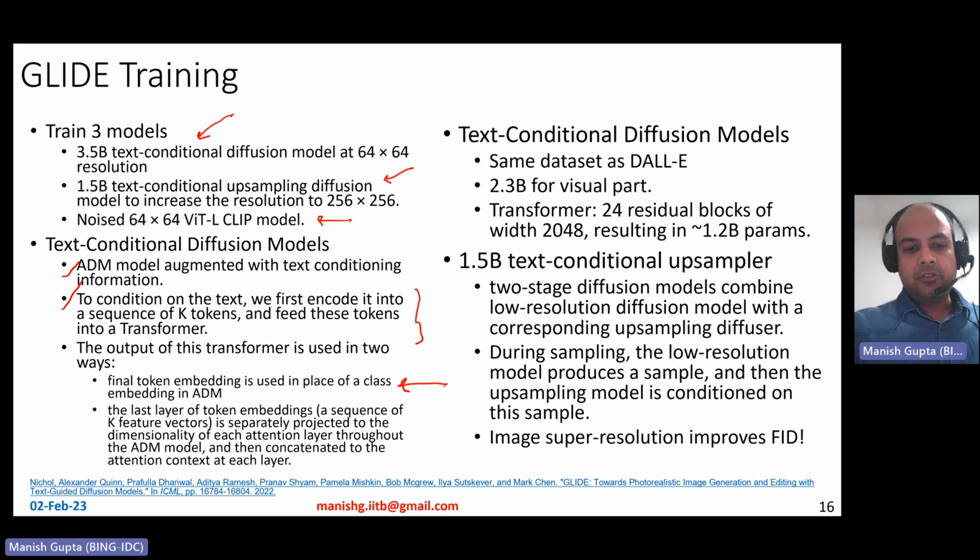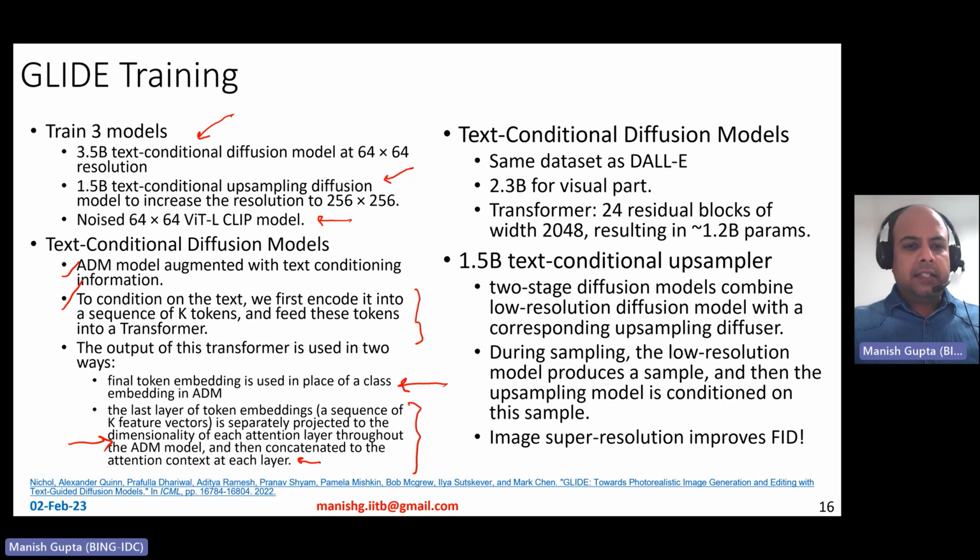And you also do this: the last layer of the token embeddings is projected to the dimensionality of each attention layer throughout the ADM model. Remember, the ADM model has different attention layers: 32, 16, 8 by 8. You project the representation from the transformer to the size of the attention layer, and you concatenate it to the attention context at each layer.